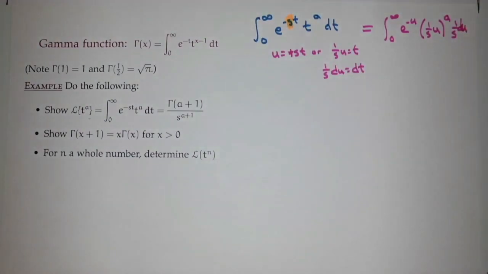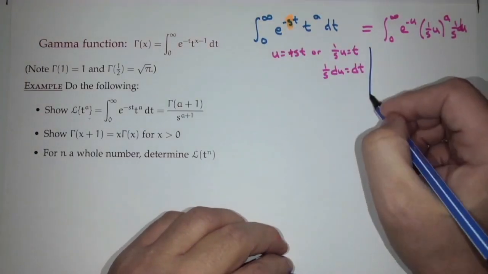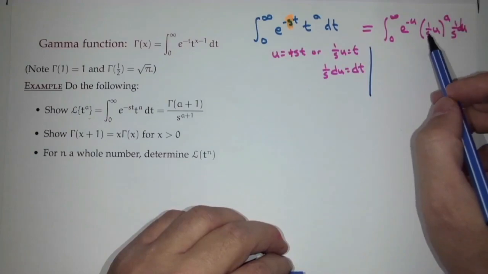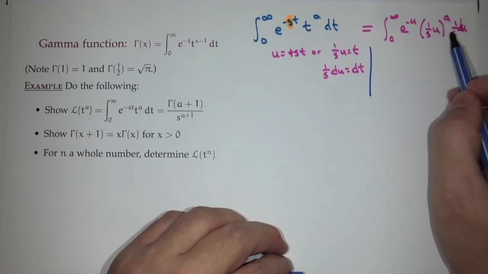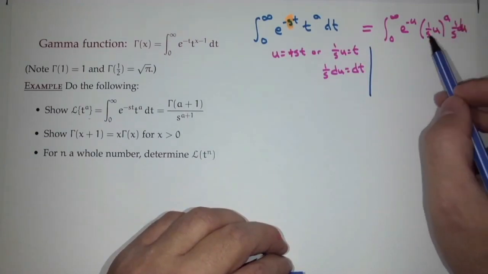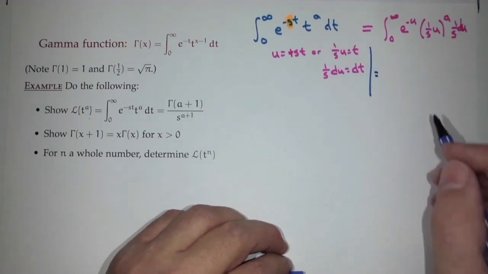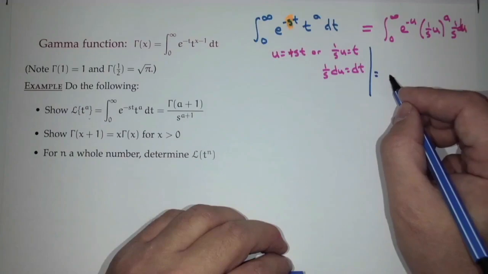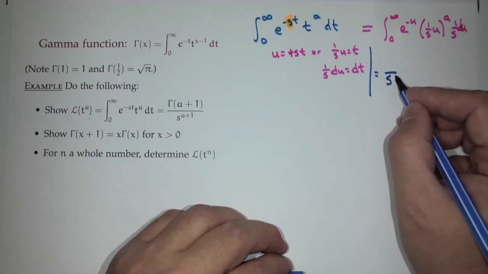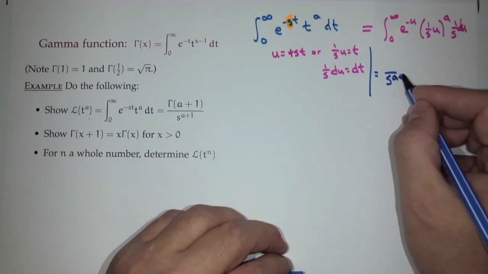Now, our moment of truth. Let's gather things. How many S's do we have downstairs? There's a 1 over S here, there's 1 over S there. Altogether, how many do we have? S to what power downstairs? A plus 1.